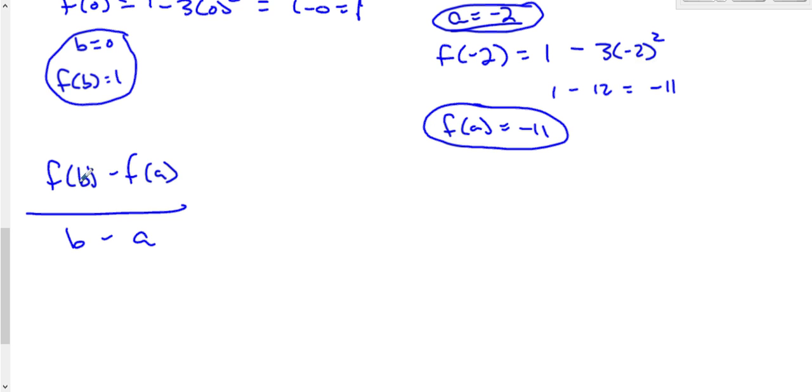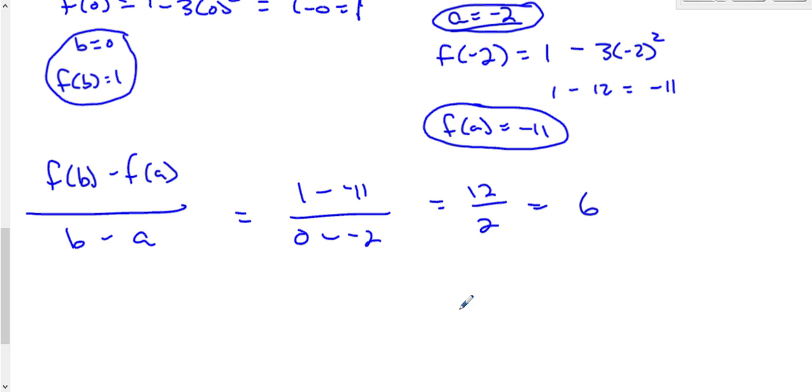So f of b, which is 1, minus f of a, which is -11, over b, which is 0, minus a, which is -2. So 1 plus 11 is 12, 0 plus 2 is 2, and 12 over 2 is 6. So our average rate of change is 6.